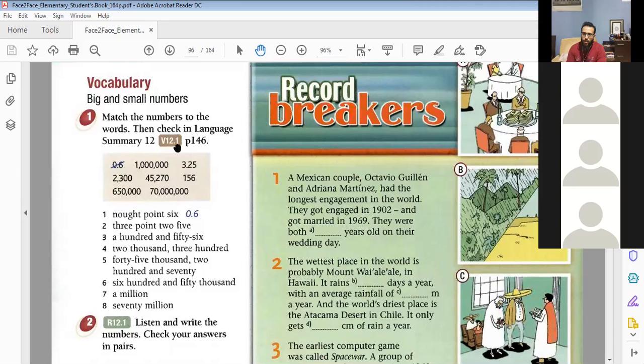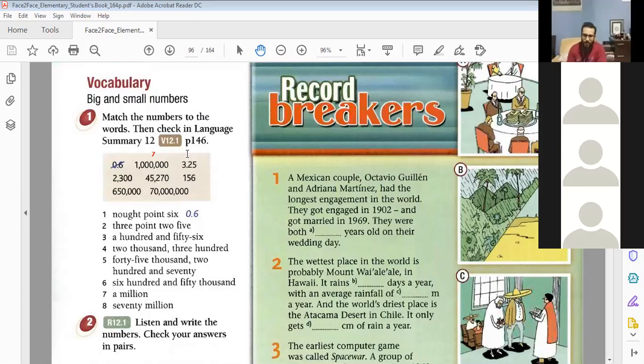I'm going to point to each number. I don't want to read it. I want you to tell me which number. So the second number, which number is this? A million. Number 7. Very good.